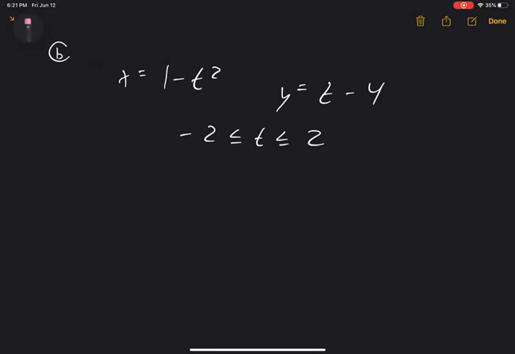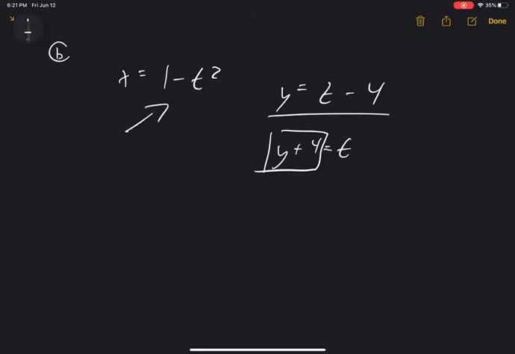It's going to be much easier to solve for t in this equation: I just add 4 to both sides. Looking at this equation, I see quickly that y plus 4 equals t. Now I'm just going to take this value for t and plug it into this equation. And I get x equals 1 minus, let's replace t with this thing.